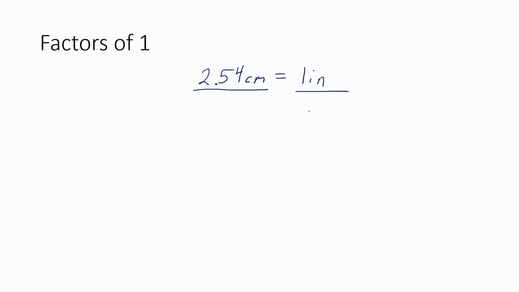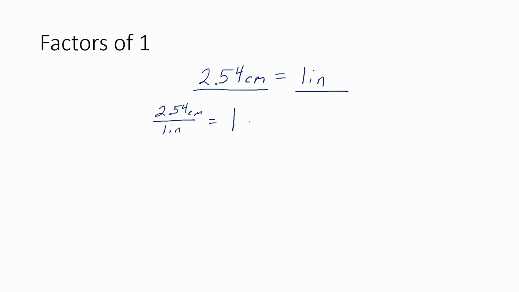If I took out a ruler or a meter stick and measured this off, 1 inch and 2.54 centimeters are exactly the same. Which means that this particular fraction, 2.54 centimeters over 1 inch, is actually 1.